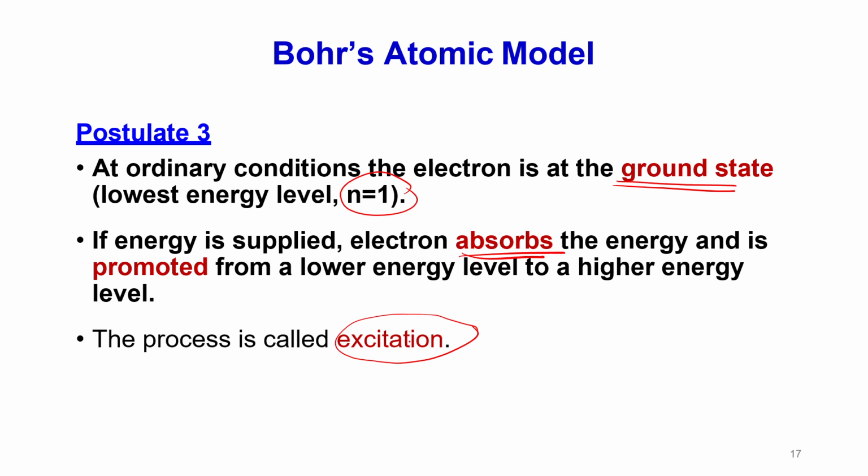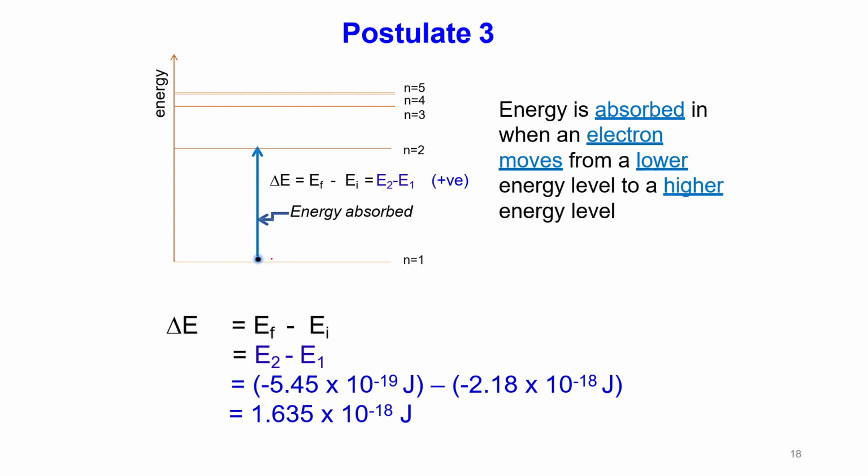So excite mesti bergerak pergi kepada yang lebih tinggi. For example, here when n equals to 1, it will excite to higher energy level. So higher energy level than 1. So we can say that n equals to 2, n equals to 3, 4 and so on. So mesti from lower energy level to higher energy level.